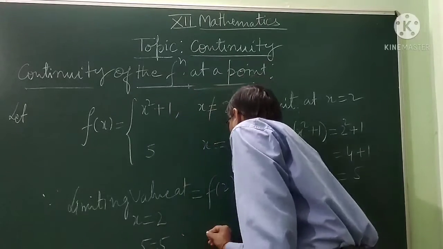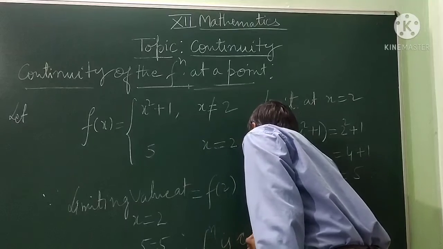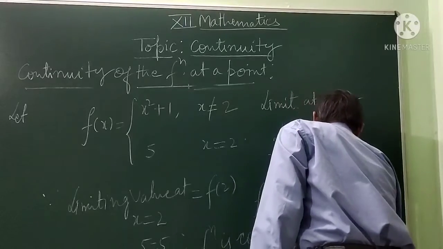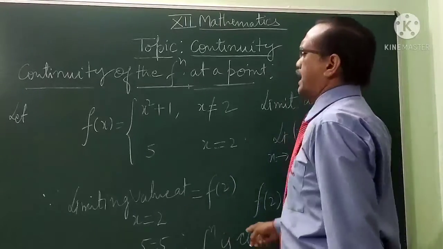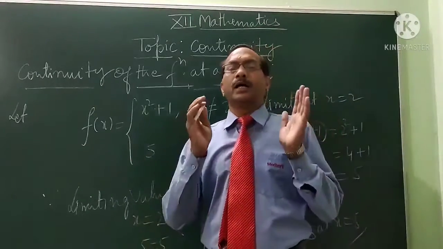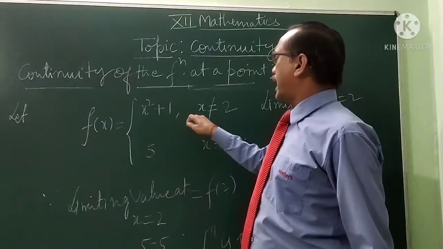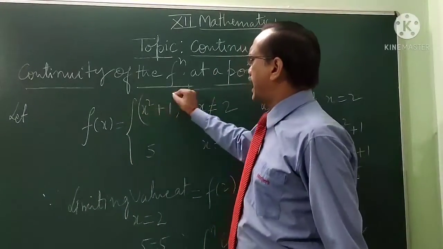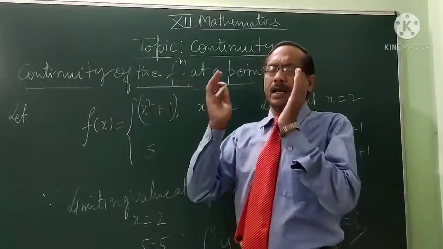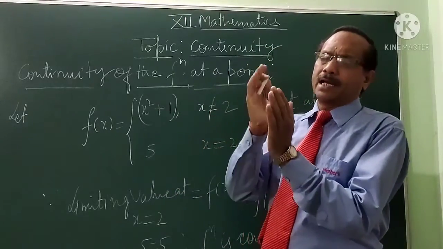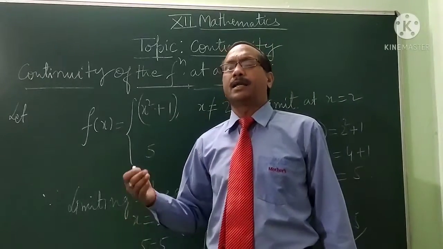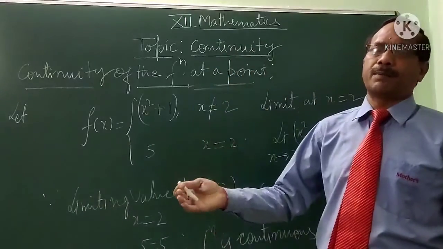Therefore, the function is continuous at x equal to 2. So, here there is a condition when x is not equal to 2, the function is given as x square plus 1. When x equal to 2, the function is 5. Here the left hand function at x equal to 2 equals the right hand function at x equal to 2, so we will find only the limiting value, not the left hand limit and right hand limit.